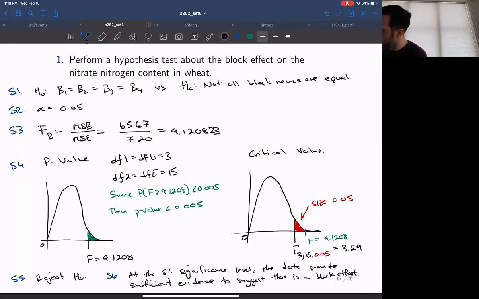Okay, so I have at the 5% significance level, the data provides sufficient evidence to suggest that there is a block effect.